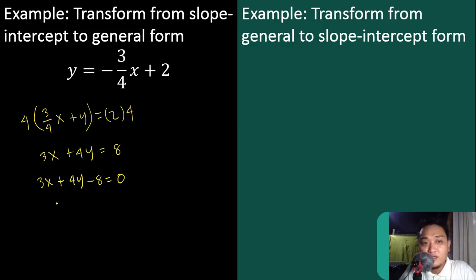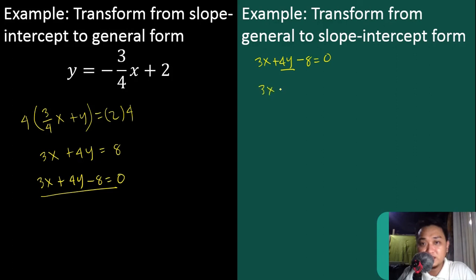Now, gusto nating ibalik to into slope-intercept form. So, paano? 3x plus 4y minus 8 is equivalent to 0. Para hindi na tayo mahirapan, si 4y na lang i-transpose natin. So, that becomes 3x minus 8 is equivalent to negative 4y.